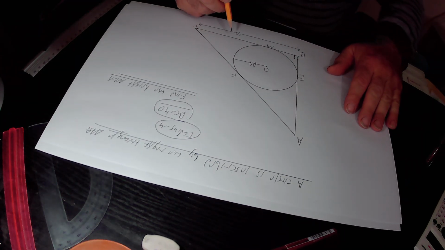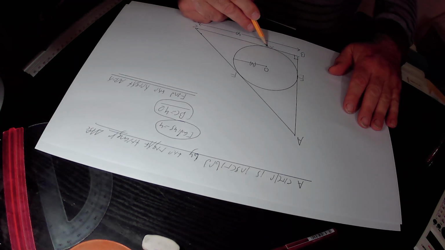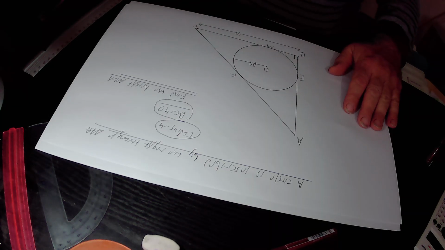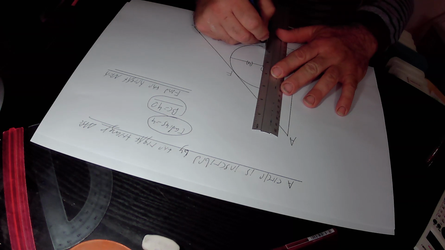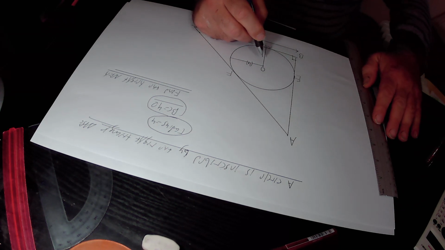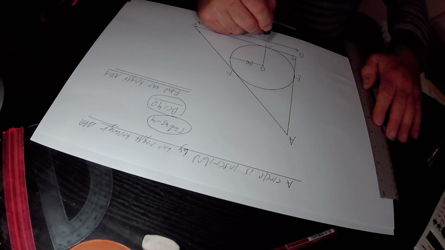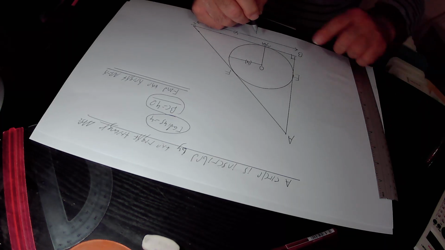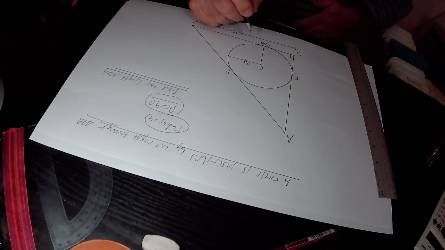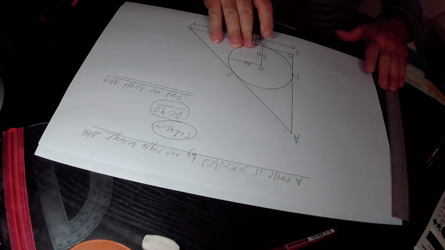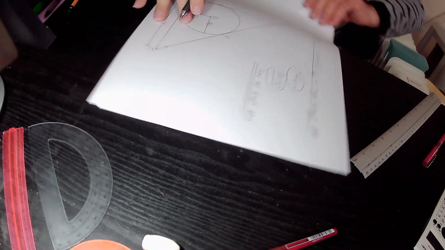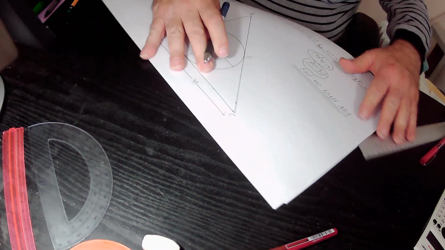In the next step, we will join points O and M together by a straight line. Point O is the center of this circle, point M is a point on the circle itself. Therefore, OM is the radius of this circle, which equals 4. Here we can implement rule 1.